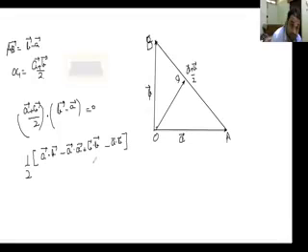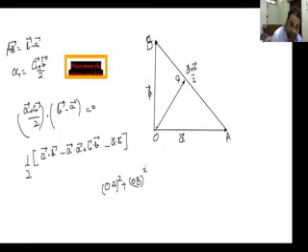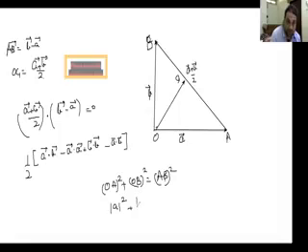This vector is A, this vector was B. AB vector was B minus A, OG vector was A plus B by 2. Is that clear?